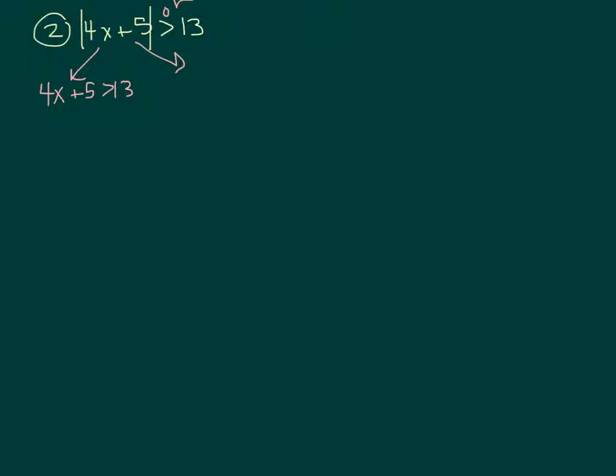Just leave it the exact way it's written, except without the bars. Also, 4x plus 5 is less than negative 13. So for the first one, I just solve this as normal. I end up getting x is greater than 8. The second one, I do the same thing.